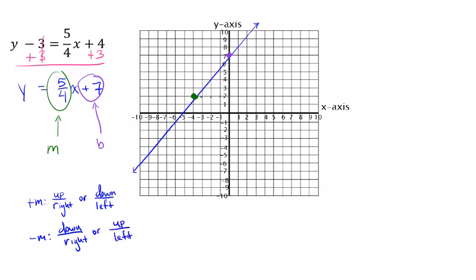All right, and that has to do with just the signs, like up and right would be positive over positive, which would be a positive, positive divided by positive is a positive, whereas down and left would be a negative divided by negative, and that would also equal positive, right? And so with the negative slope, down would be negative, right would be positive, up would be positive, left would be negative. So in both those cases, you're dividing with different signs, right? Negative over a positive, or a positive over negative. In those cases, you end up with a negative.